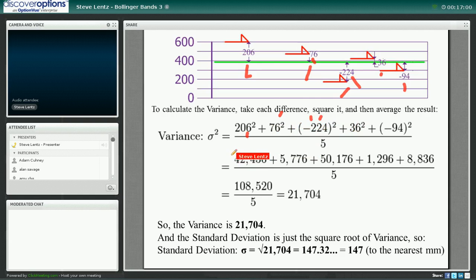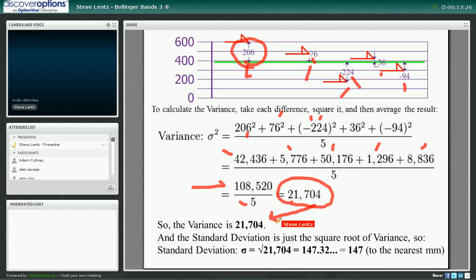We're going to add all these up, and these are some big, big numbers. We took each one of these differences and squared them. You add them all up, it's 108,000, and we divide by 5. The average is 21,704, and that's labeled the variance.